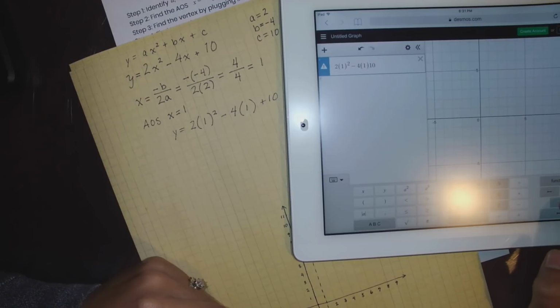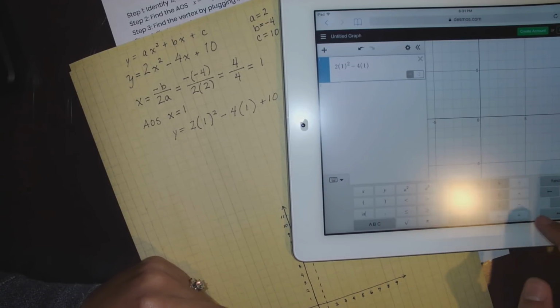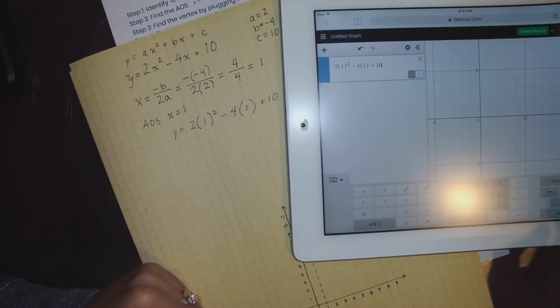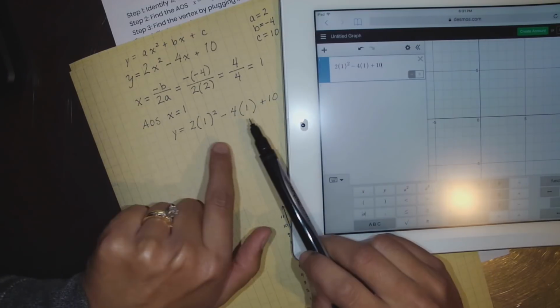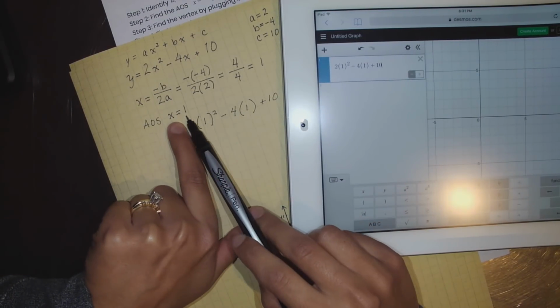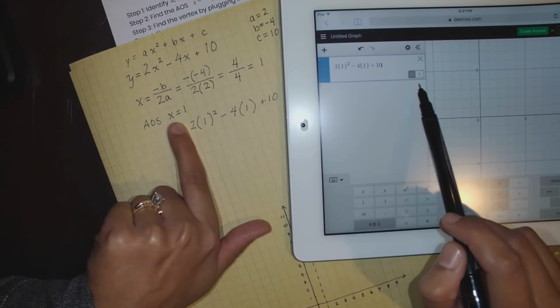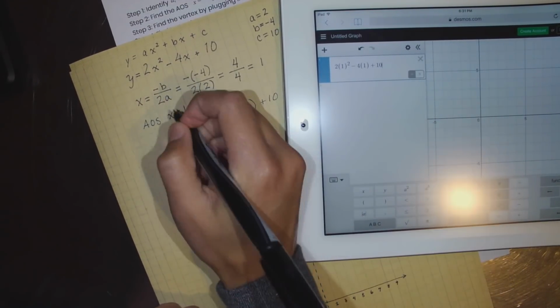So Desmos is not identifying parentheses here. Times 4 times 1 plus 10. There we go. I don't know why it didn't work before. So just typing in 2, and then just pretty much exactly how we have it here, replacing our x's with our axis of symmetry, which is 1. So this number is y equals, and we have 8.